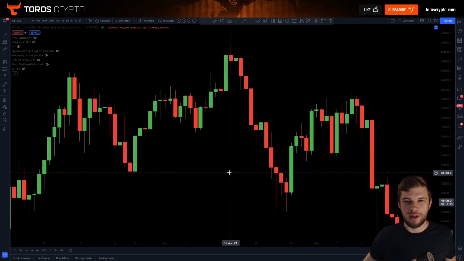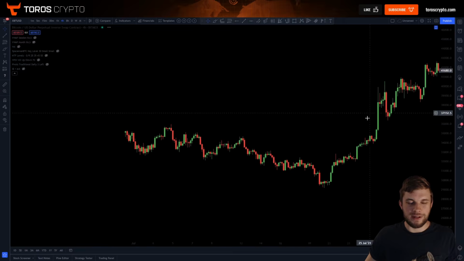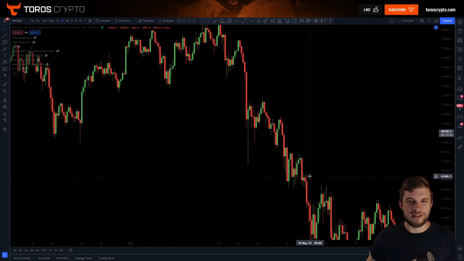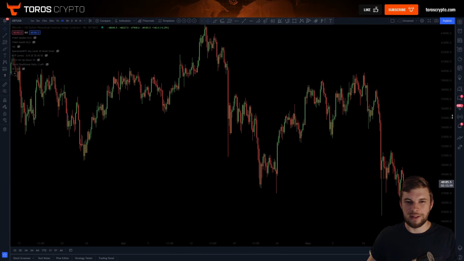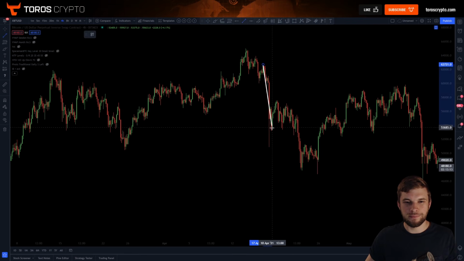What we then have, we can go into a slightly lower time frame, because again, these things are often seen on these lower time frames, and we can have a look at whether we have anything else on here. What we can see here, we have price moving down.